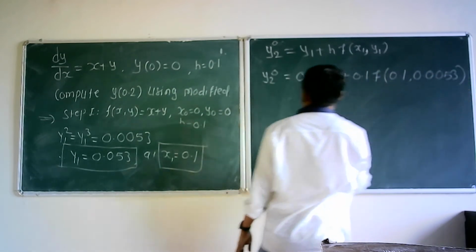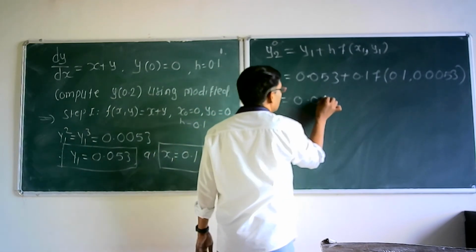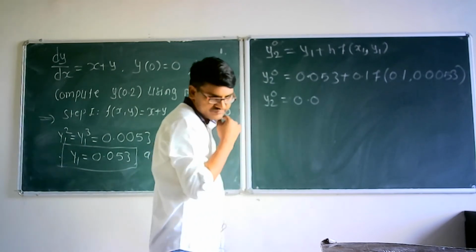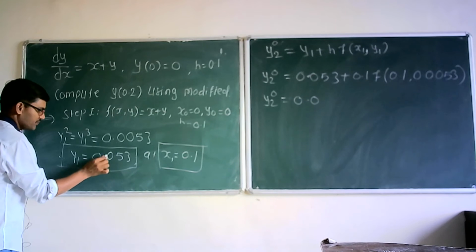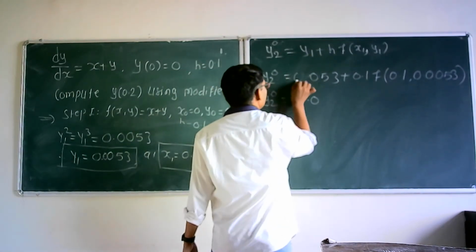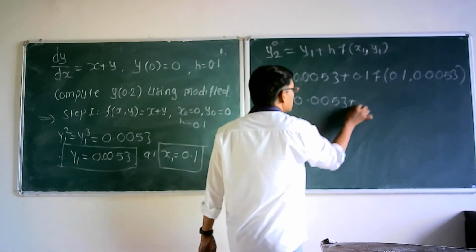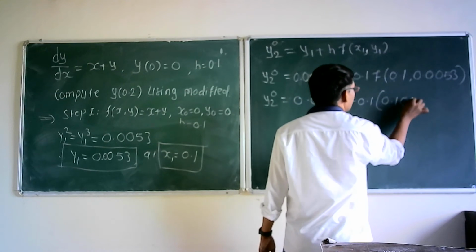So if you simplify this, y20 is equal to 0.0053 plus 0.1, and if you add these two terms it is 0.1053.